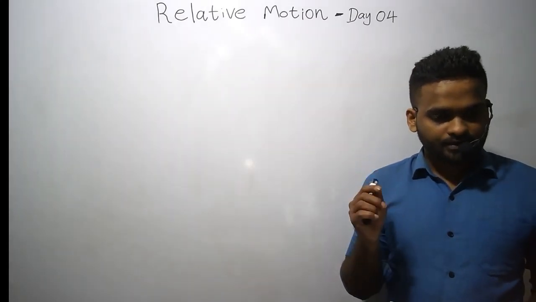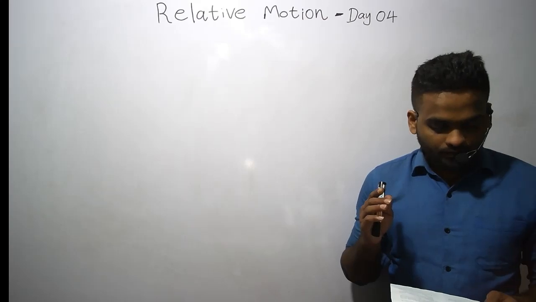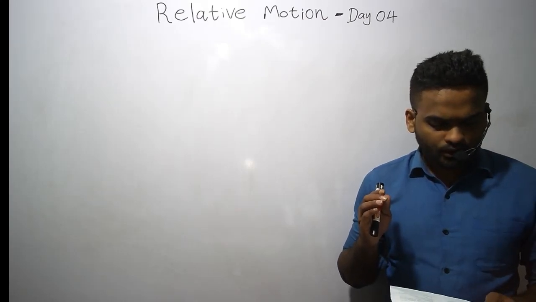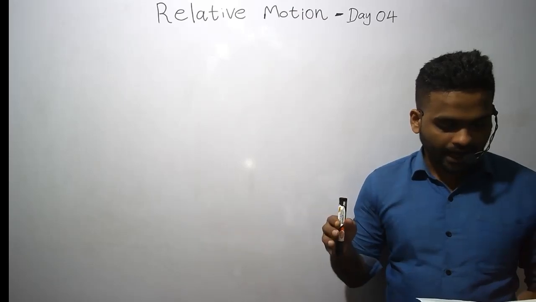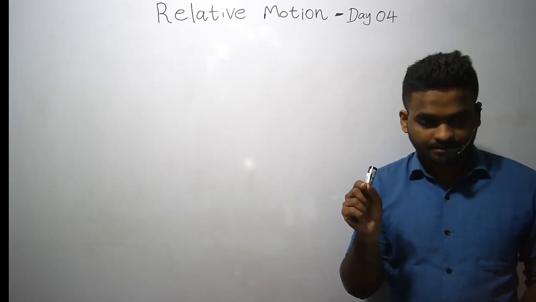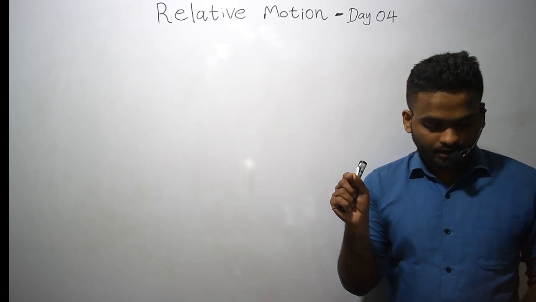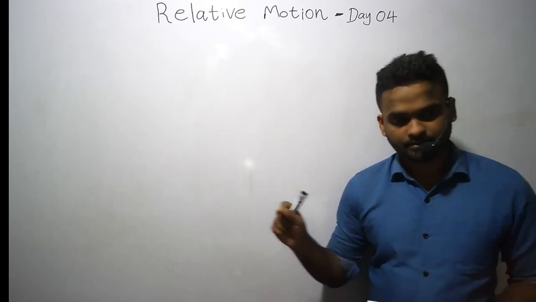So in the fifth question, now listen. Two men move in opposite directions at 2 meters per second and 6 meters per second, starting from the same place. When their gap is 12 meters, time passed is?